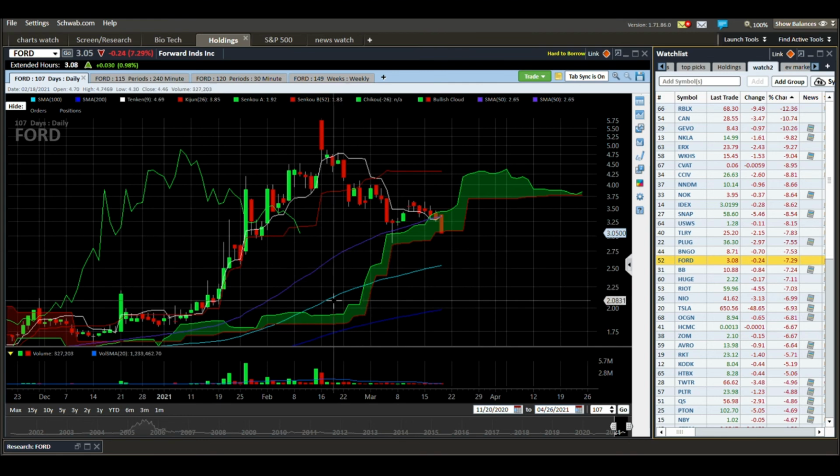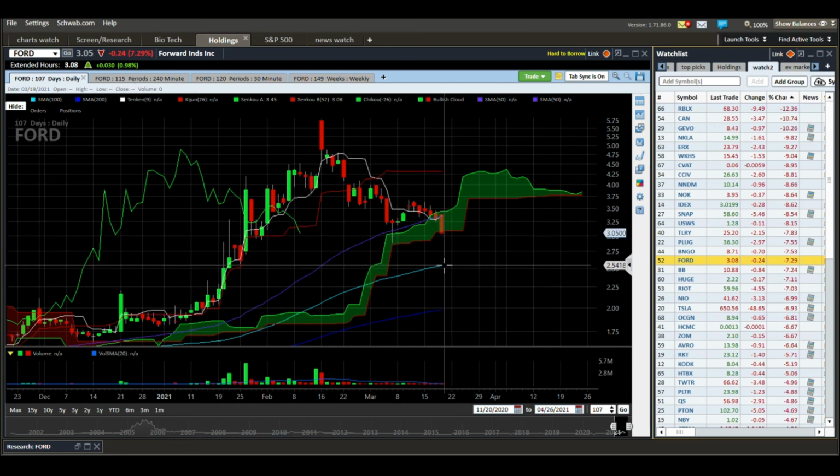We want to see a new uptrending cloud and price above an uptrending green cloud with our indicators in proper orientation: price trending with Tenkan-sen, above Kijun-sen, above the cloud. Okay, we've got all that going the opposite way now. So I do not see this as a buying opportunity. You can play bounces if that's your game when you get really oversold, like I said.